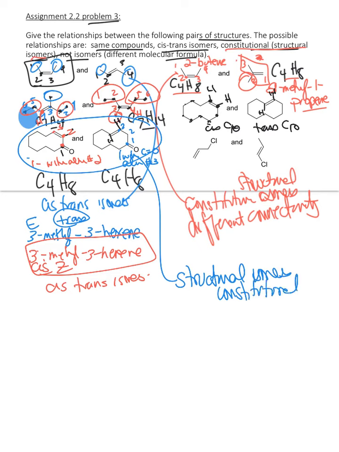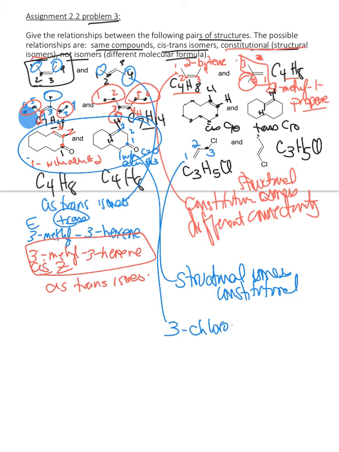Okay, this compound here, the molecular formula should be the same. 1, 2, 3. Hydrogen, 1, 2, 3, 4, 5. And a chlorine. Same is going to happen here. C3, H5, and chlorine. So they have the same formula. But your chlorine on this one, if you counted 1, 2, 3, this would be 3-chloro.